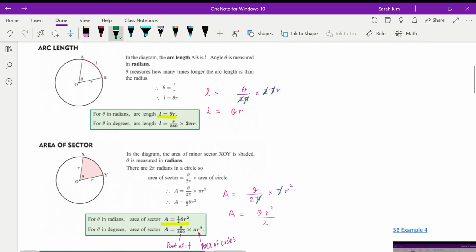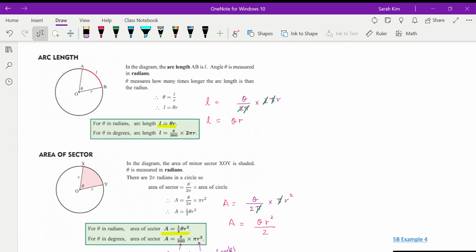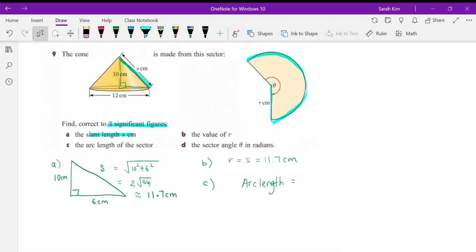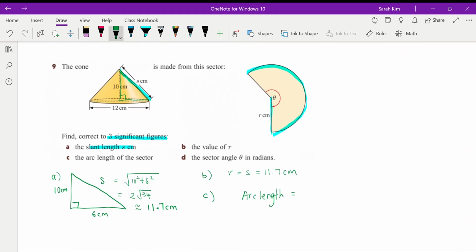Arc length L equals theta R, or theta over 360 times 2 pi R. So we're doing radians, it seems like, so I might just use the radians one. So arc length L equals theta R. I don't know the theta at the moment.